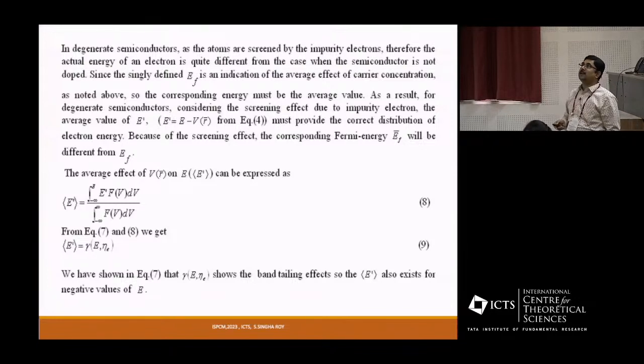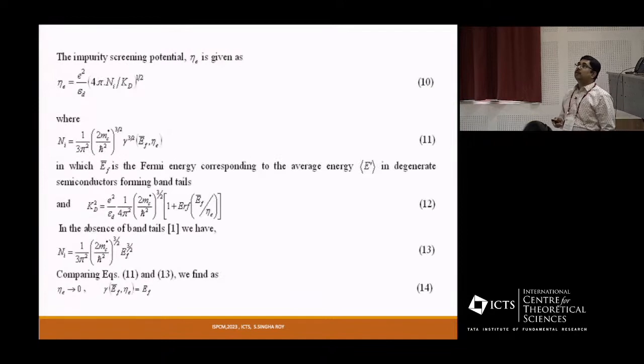In this case, the average energy in terms of gamma for band tail formation, when E must be less than 0. The screening potential, in terms of E by epsilon D, depends on concentration: as concentration increases, the screening potential also increases. So the function Ni for concentrations is also Kd dependent.